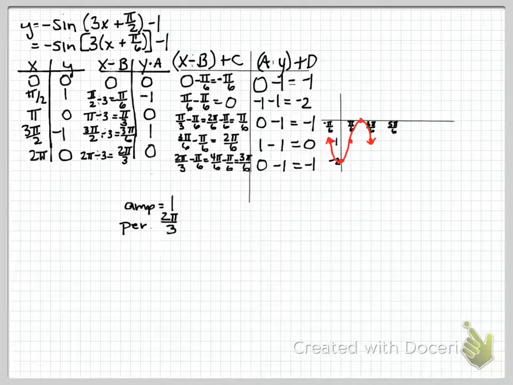In this case b is 3, so it's 2 pi over 3. Our phase shift is our c value, and it's a negative pi over 6, so it moves it to the left pi over 6. Our vertical shift is negative 1, so it shifts it down 1.